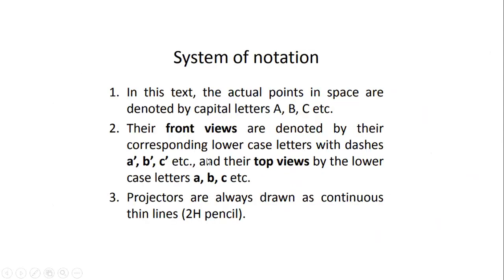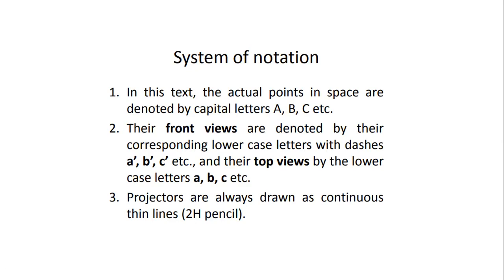Now, what are the various systems of notation to describe the point as an object? So here, the point from the problem statement can be referred to as A, B, and C respectively. The front view can be represented with a lowercase letter with a dash, say for example a dash, b dash, and c dash.